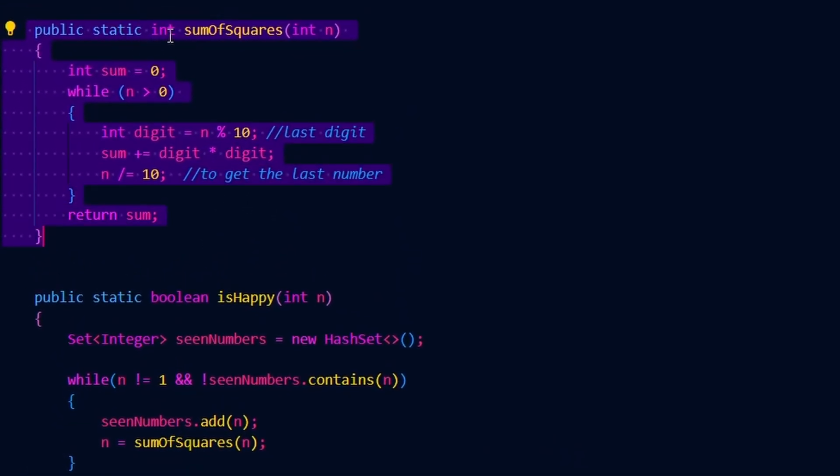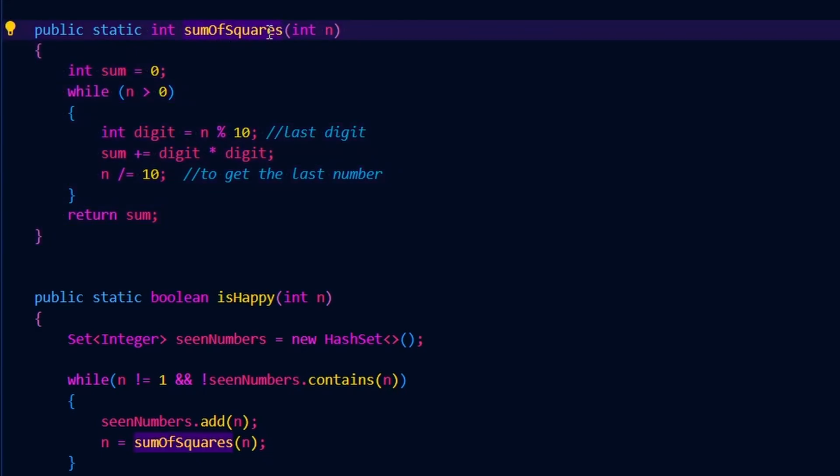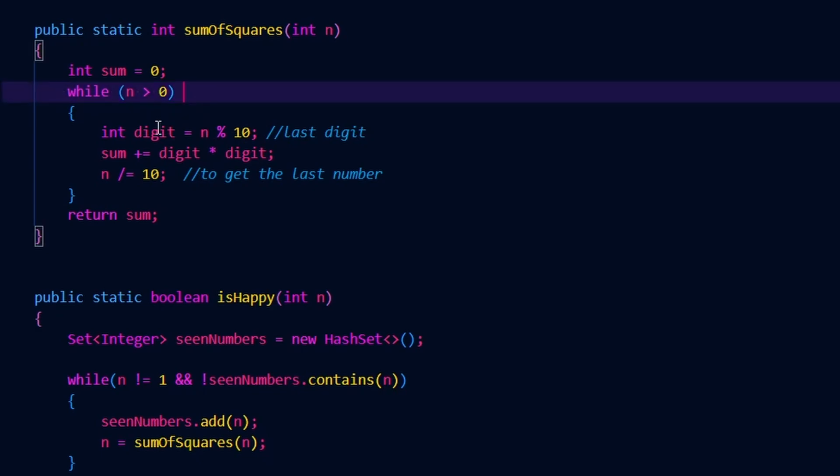In this, there is an integer method sumOfSquares with the parameter integer n. The method extracts digits and computes the sum of their squares. Integer sum is initialized as 0, and this goes on until n is greater than 0. Integer digit is equal to n % 10, which is our symbol for extracting the last digit.